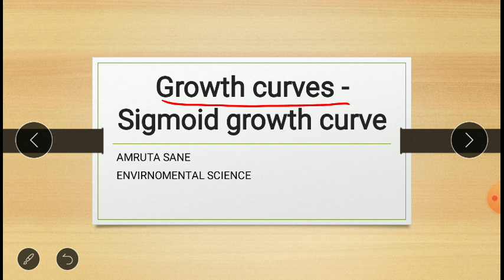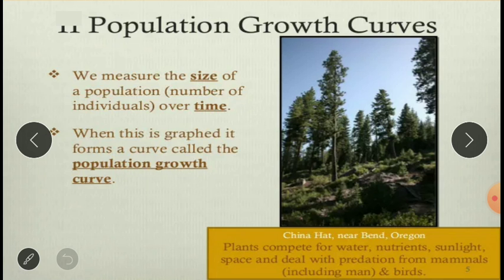This graphical representation is known as the growth curve. For your study you have the sigmoid growth curve, but I will also give you a brief about the other growth curve, the exponential growth curve.